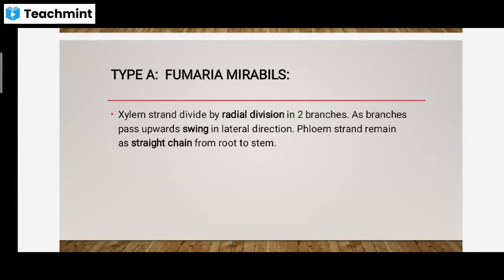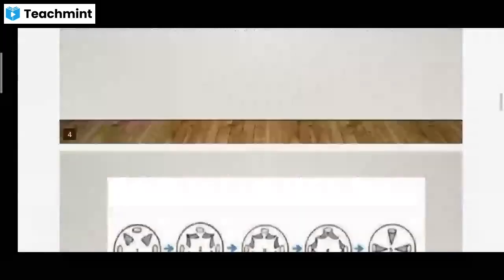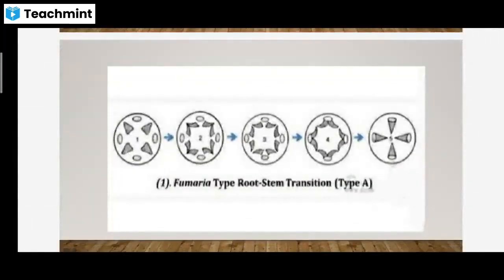In Fumaria parviflora, the xylem strand divides by radial division into two branches. As the branches pass upward they swing in a lateral direction, while the phloem strand remains as a straight chain from root to stem. Occurs in Fumaria parviflora and Diptychus.